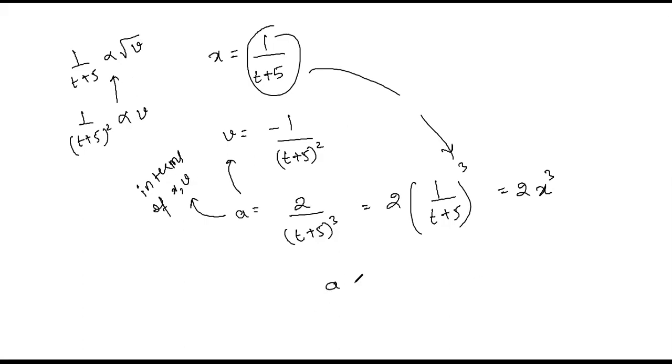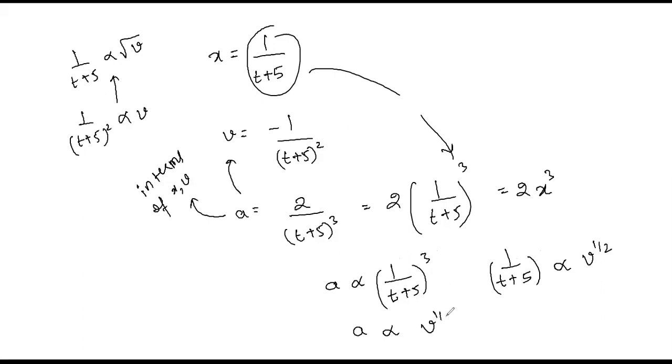So if acceleration is proportional to 1 upon (t plus 5) whole cube, right? And we know that 1 upon (t plus 5) is proportional to v power 1 by 2. See, the root of v is power 1 by 2, correct? So we can write, therefore, a is proportional to v power 1 by 2 whole to the power 3.